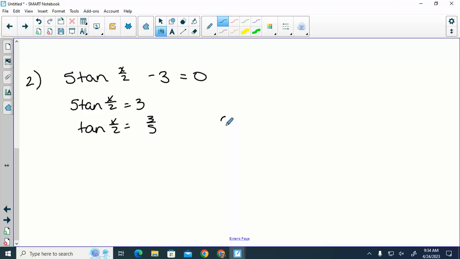Okay, quadrants. Tangent's positive and do we know when tangent is 3/5? Okay, so we need to be in radian mode and tangent inverse 3/5 is, let's just do 0.38. So x over 2.